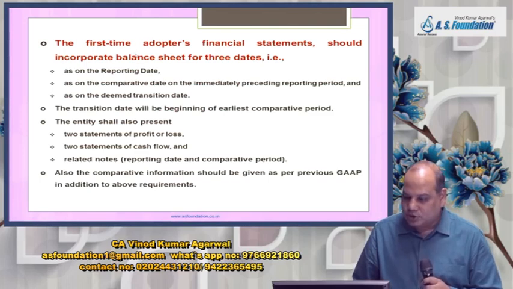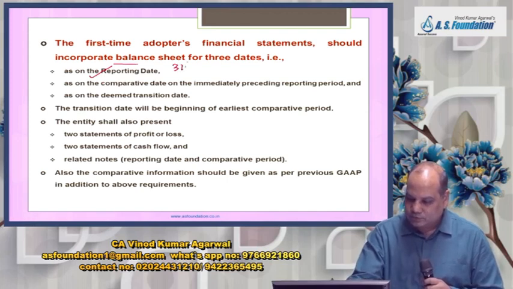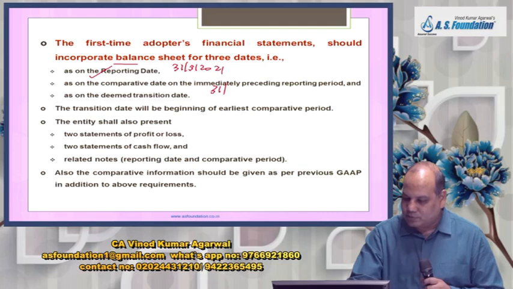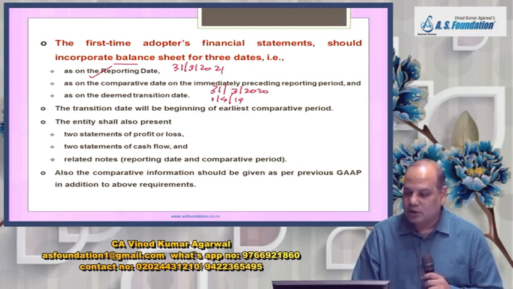What are the statements required? Balance sheet will be for 3 dates. Balance sheet means a statement of financial position as on the reporting date, 31st March 2021, the immediate previous preceding reporting period, 31st March 2020, and as on the transition date, 1/4/19.